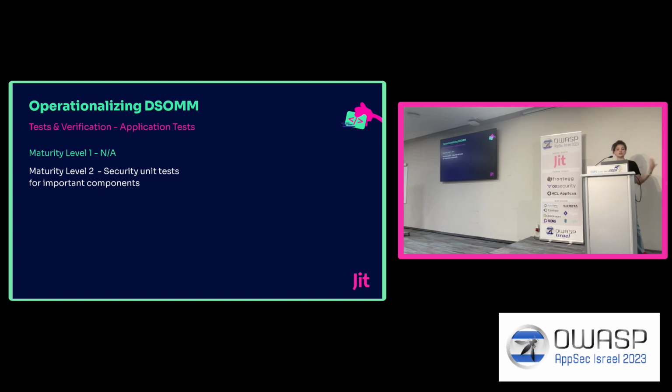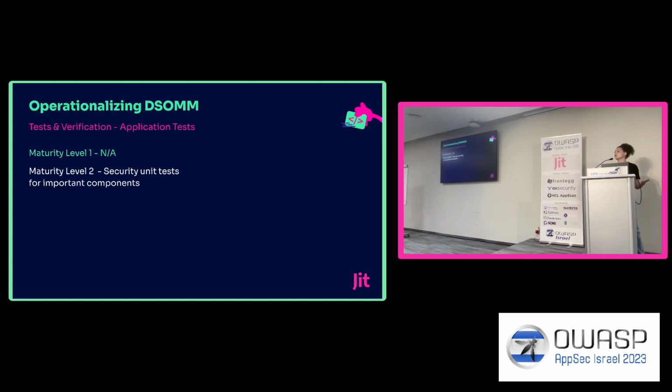Maturity level 2 is security unit tests for important components, and the action we need to take here is to have code scans in all of our repos, which we're doing, right? We talked about all the open source tools. And we need to have infrastructure scans across production, and I also talked about that. I just shared with you all the open source tools for infrastructure scanning. So again, we see that by using open source tools, we achieve those levels.